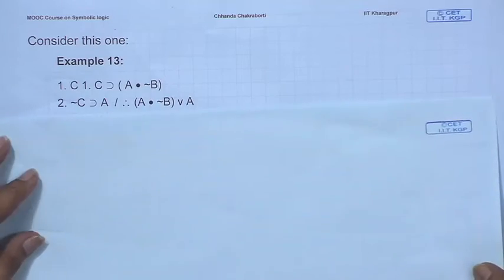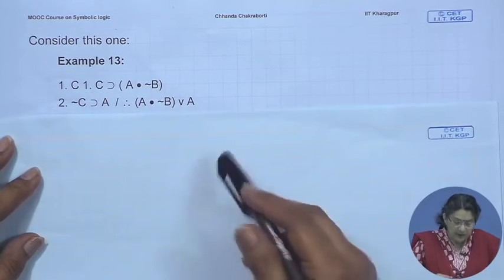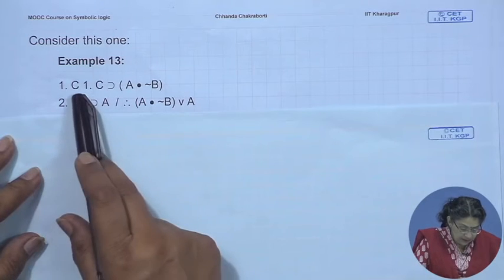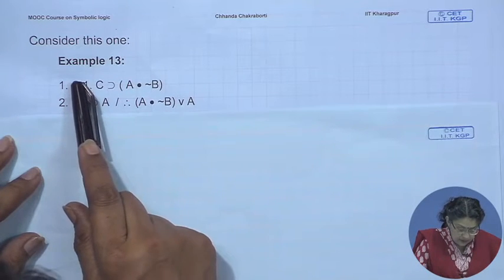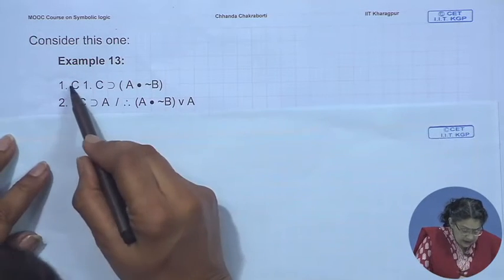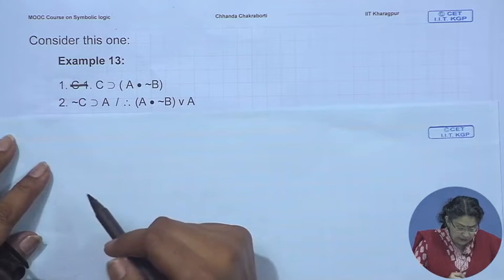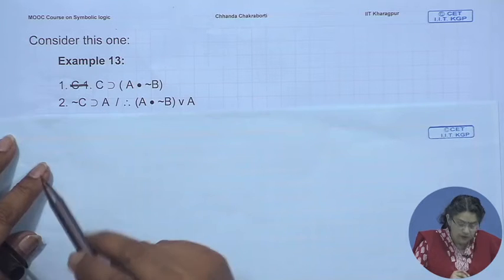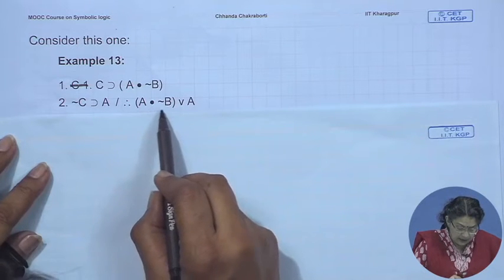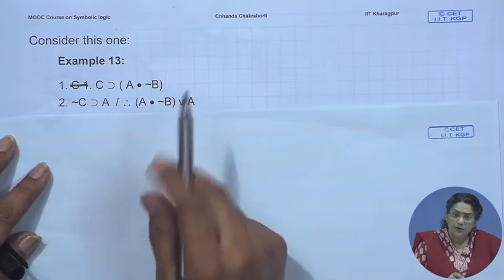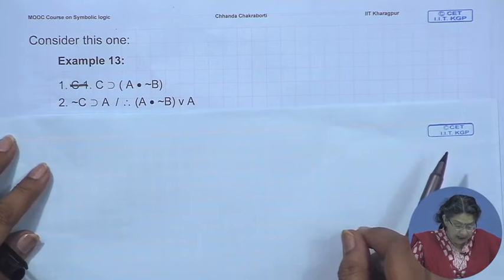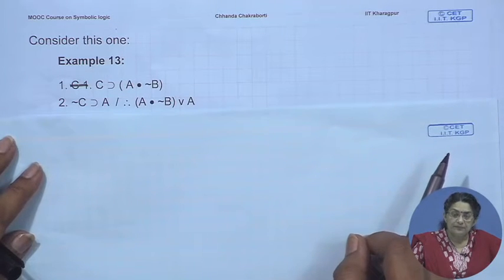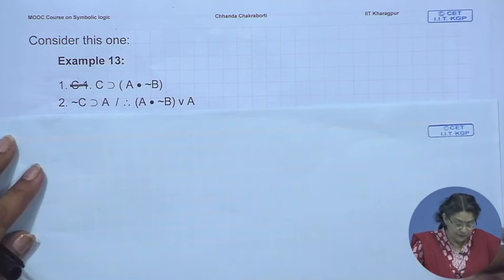Let us consider an example here. Here is the argument, where the first premise is C horseshoe A dot not B, the second is C horseshoe A, and the conclusion is A dot not B or A. How do we go about this and construct the proof?